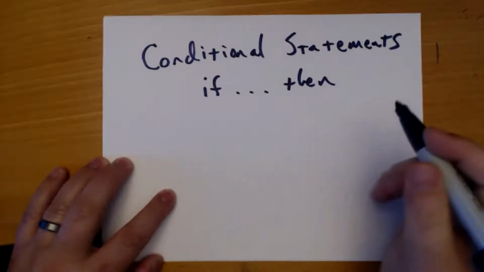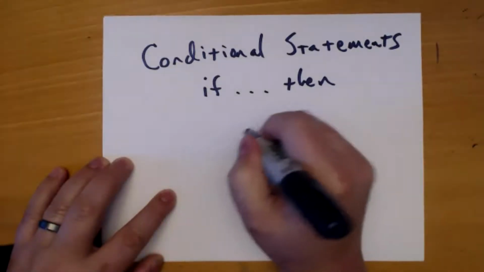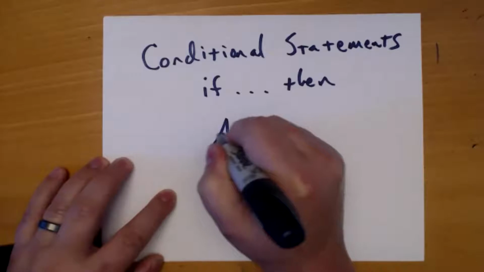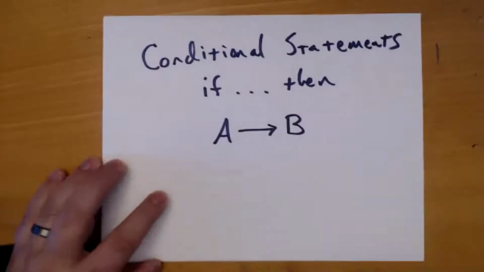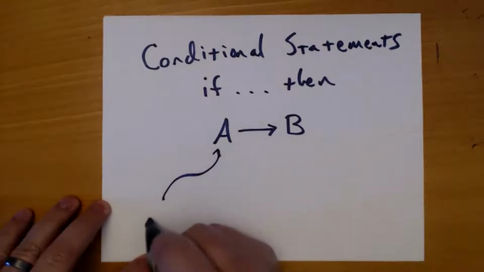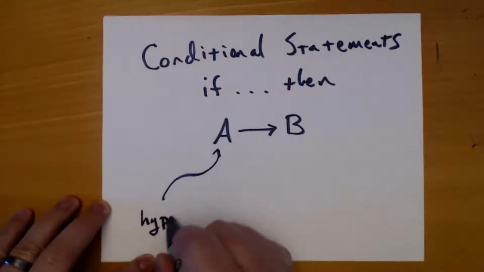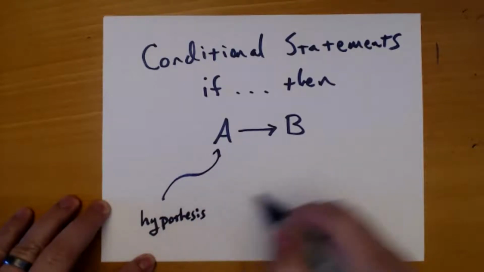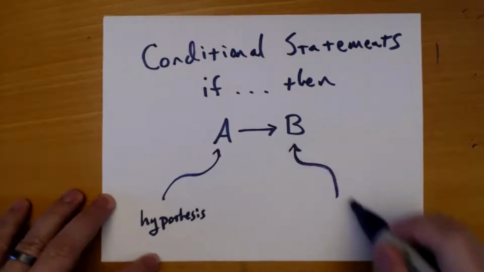All right. So the if-then statement was the arrow, right? A goes to B. And we remember that this was the hypothesis, and this was the conclusion.